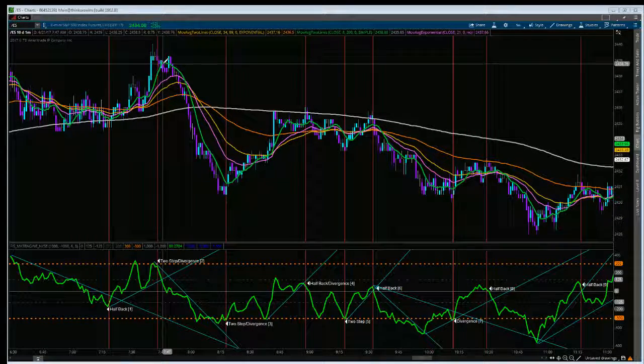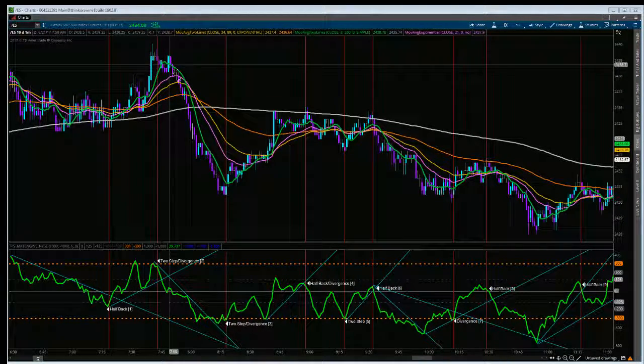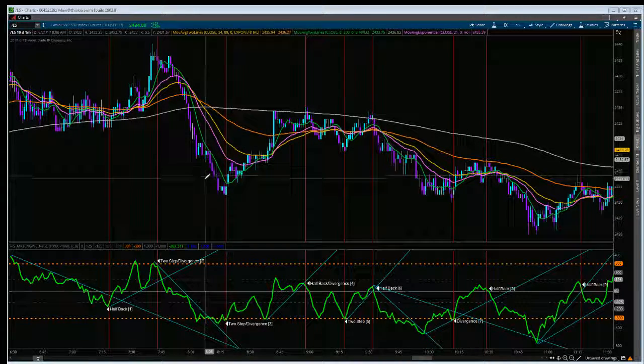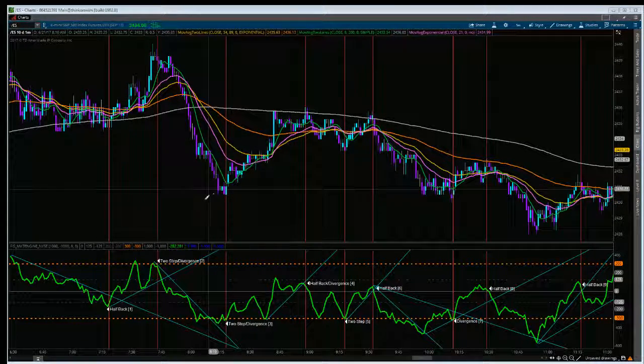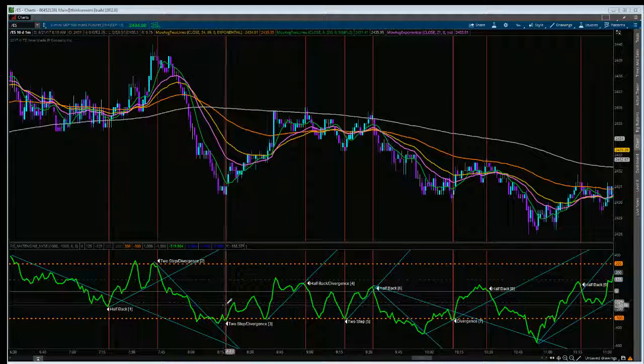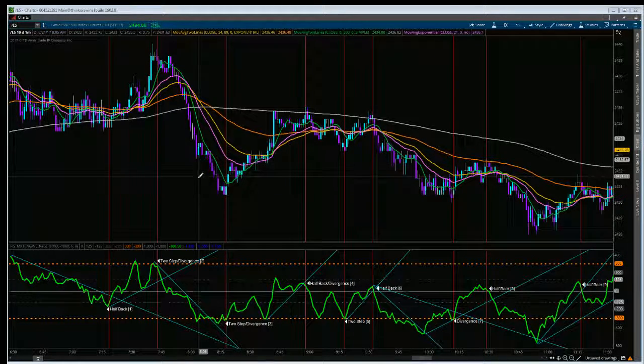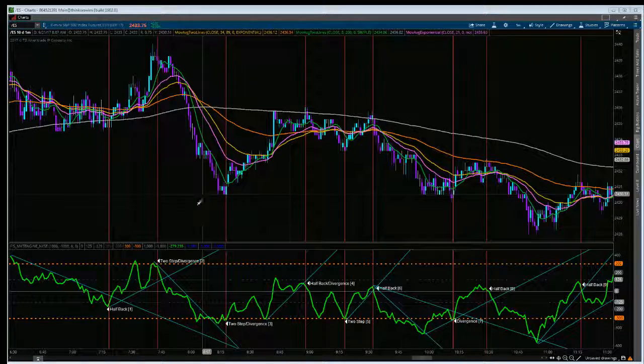Prices obviously started to pull back and then carried all the way down. So that's a two-step. Here's another two-step. This is June 21st, the day that I'm analyzing, which was yesterday, I believe.